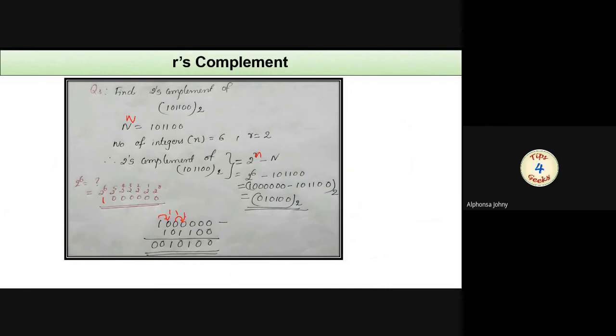And ultimately, we will reach here. Here the value is 1, 0 or 2. So 2 minus 1, the answer is 1. Here 1, 1 minus 1, 0. 1 minus 0, 1. 1 minus 1, 0. Here is already 0 since we have forwarded this 1 to the lower order bit as borrow. So 0. So the answer is 0, 1, 0, 1, 0, 0 to the base 2.